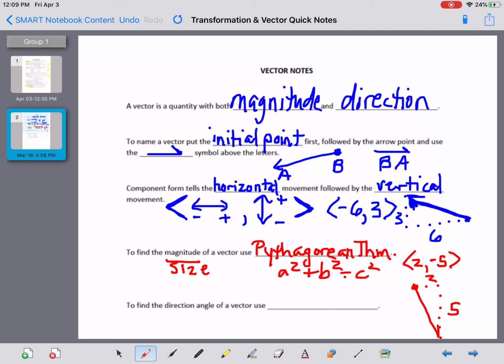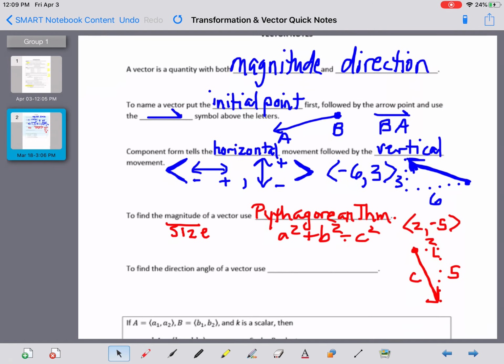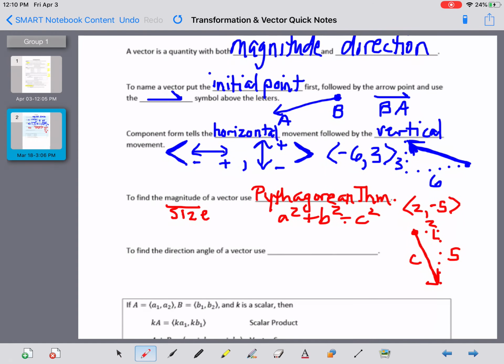Here's my vector. To find its size, this vector is actually this line. That's my c, and I'll do a squared plus b squared equals c squared, because this makes a nice little right triangle.